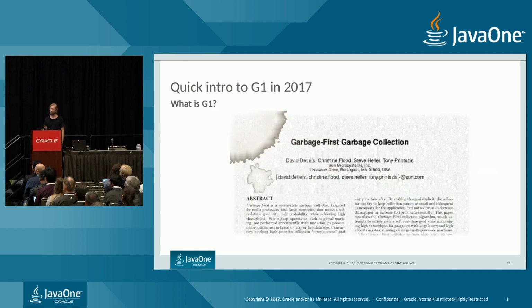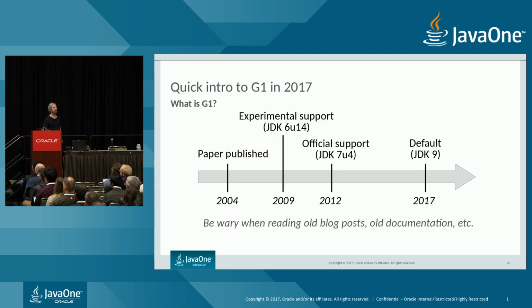G1 is one such garbage collection algorithm, and this is the first page of the original paper, which is getting a little bit old by now. So the paper was published in 2004 on the G1 garbage collector. The JDK got experimental support for G1 in 6u14 and official support in JDK 7u4 in 2012.